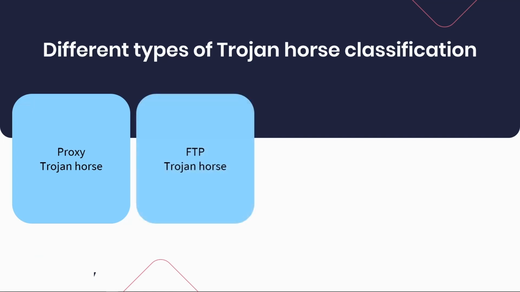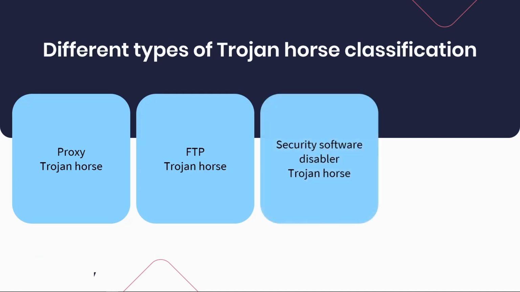Now, this enables the hacker to access a machine using the FTP protocol in order to perform unauthorized file transfer services between hackers' end devices and the victim's end device. Security software disabler Trojan horse can stop antivirus programs or firewalls from functioning on the victim's computer whenever the Trojan needs to perform any task. This way, the victim will not be alerted to any viruses in their system.